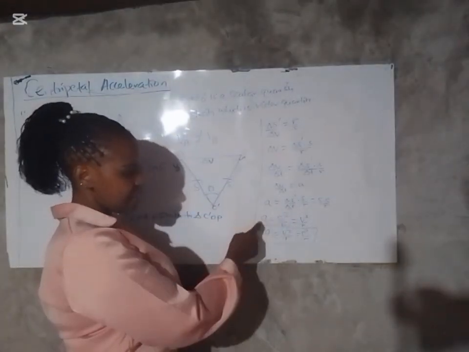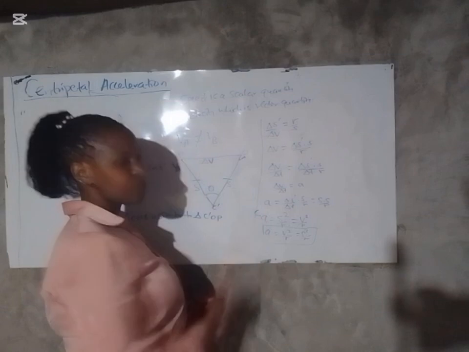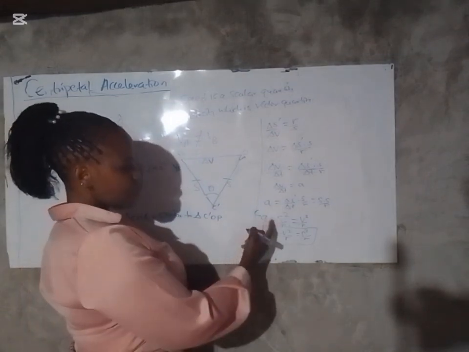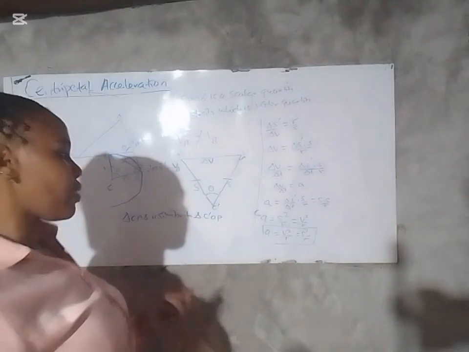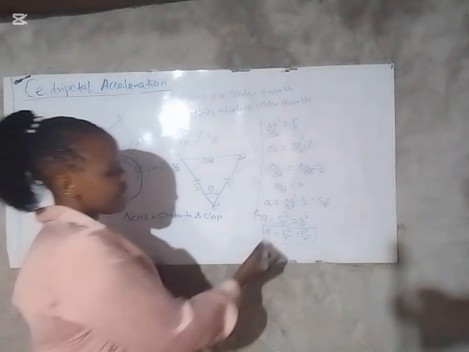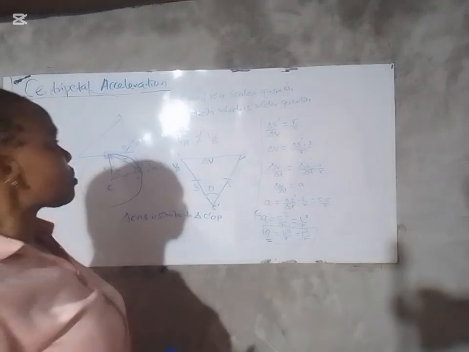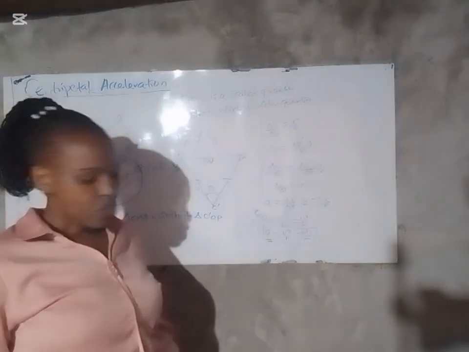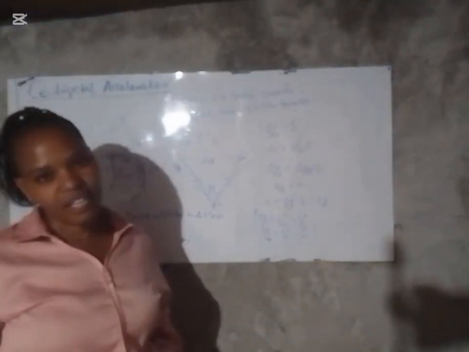So the acceleration, which is the centripetal acceleration, equals S squared over R. V squared over R or S squared over R is the same thing, and it gave us the centripetal acceleration. So that is what we did in the last lesson. In this lesson, I want us to look at an example where we can use that centripetal acceleration.